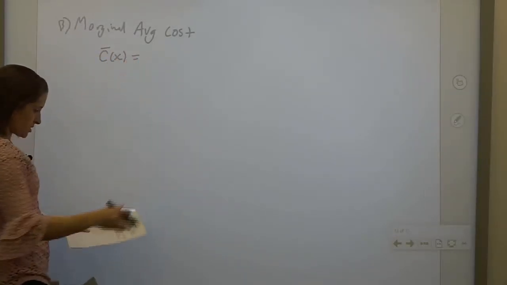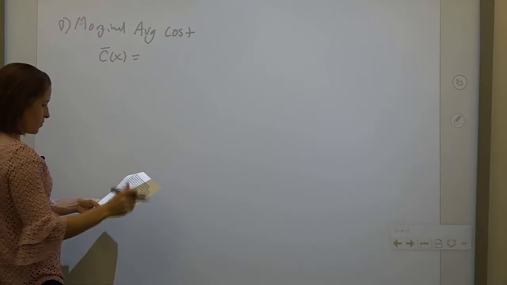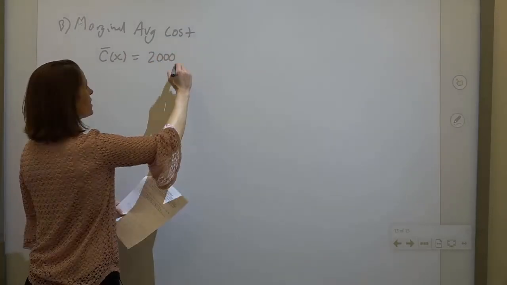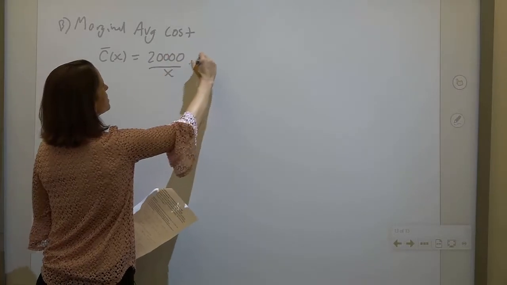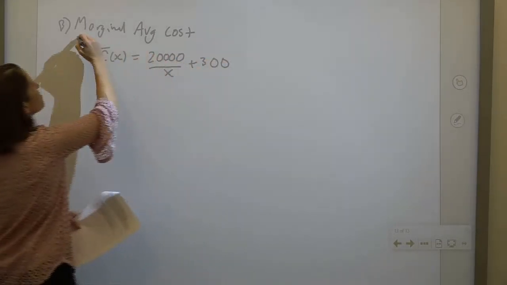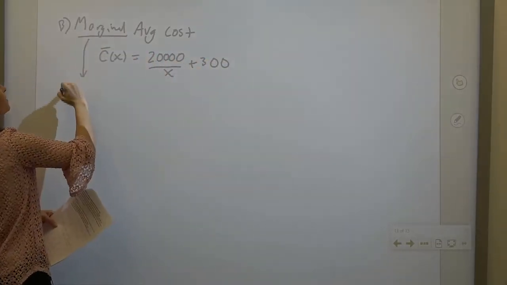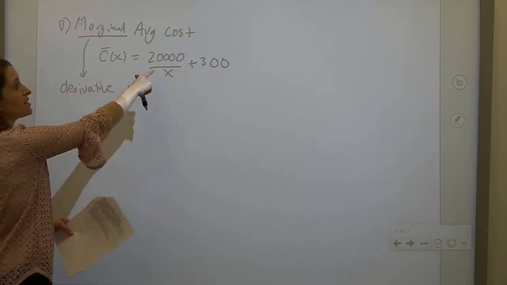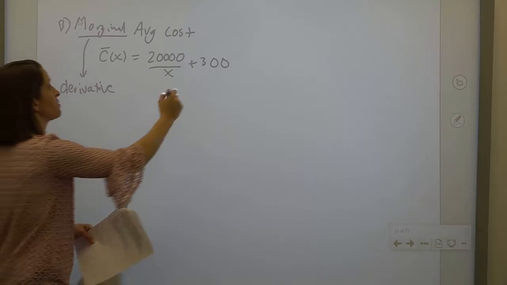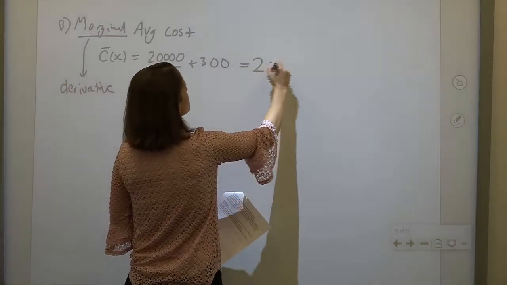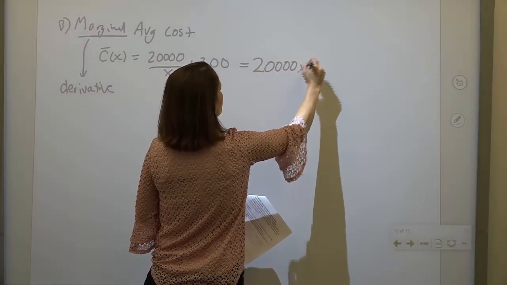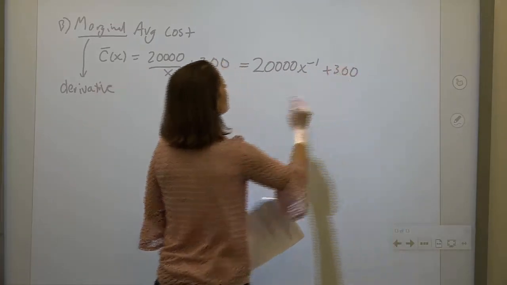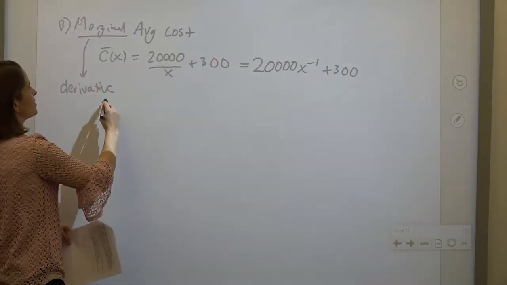So our average cost function was 20,000 over X plus 300, but I'm about to take a derivative. So to take a derivative, I should rewrite this in its power rule form first, remember. So I need to bring that X up, and now it'll have a -1 power plus 300. And now I'm ready to take its derivative.